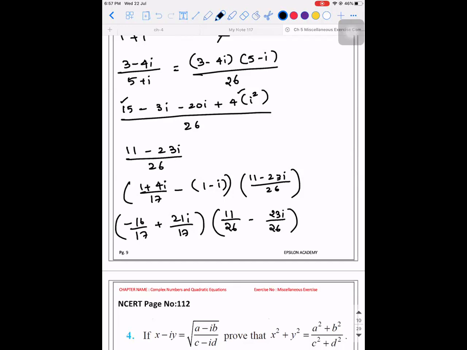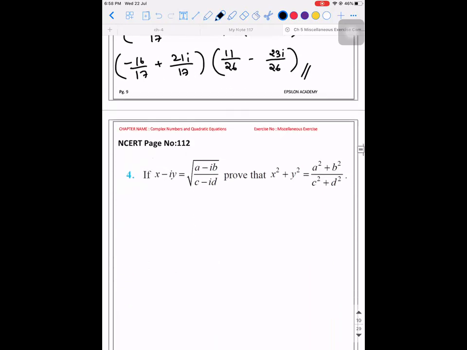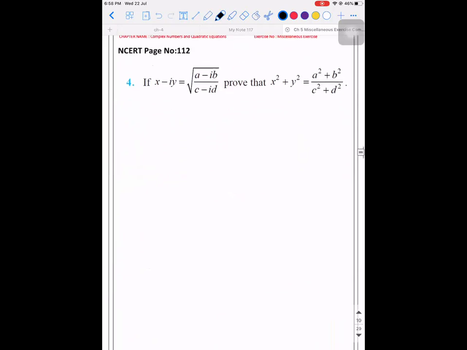Now multiply both and write it in the standard form, you'll get the answer. Okay, this part I'm leaving to you after this. So we'll go to the next one.